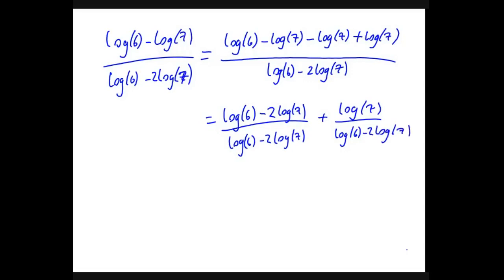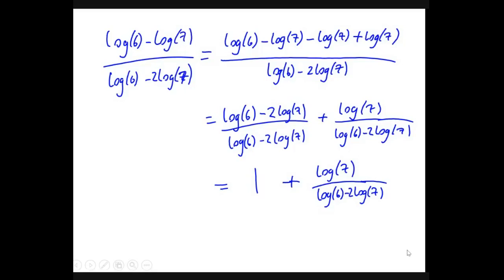Doesn't really make it that much simpler, but this bit at least we can now simplify to 1 plus log 7 over log 6 minus 2 log 7. It is a little bit simpler.